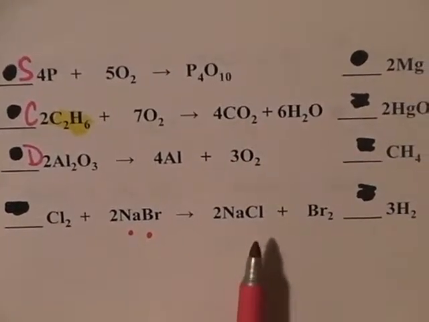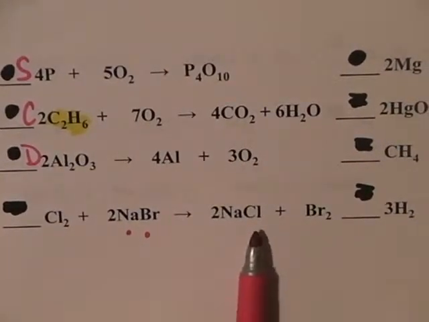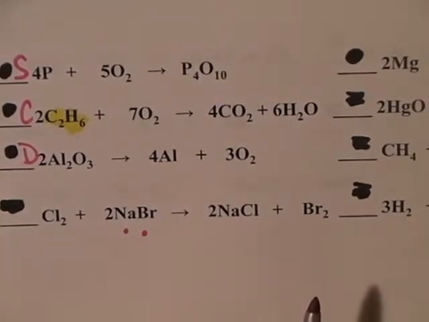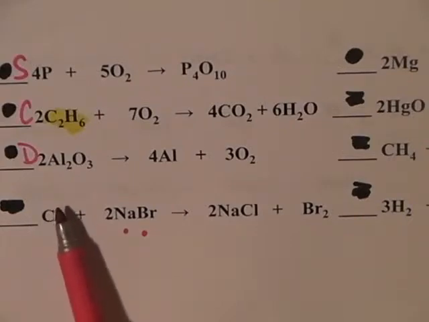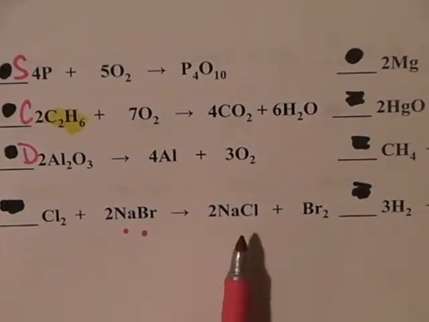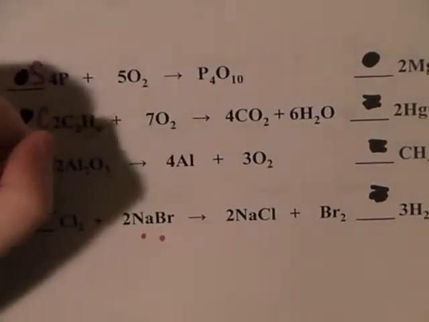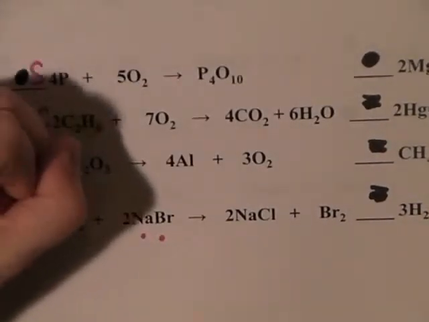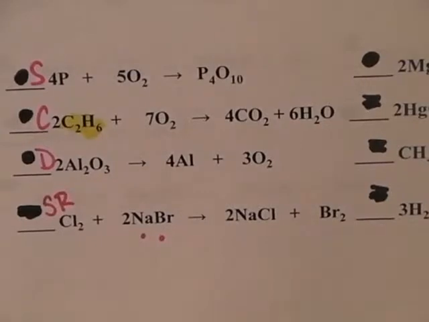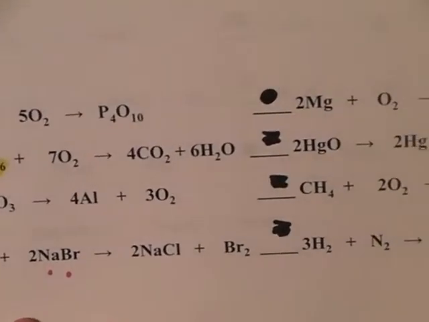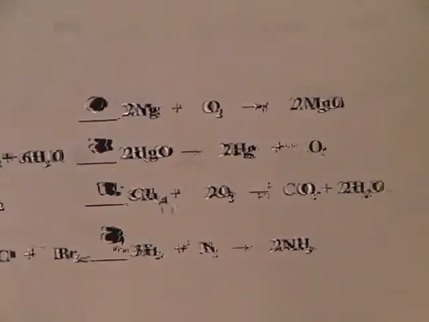And then look what happened on this side, the sodium's with the chlorine and the bromine's by itself. And again, bromine has to be Br2 just because it's part of Brinkerhoff. So chlorine was by itself, these were paired up on this side, bromine's by itself, sodium and chlorine are paired up. So that can only be what kind of reaction? Good, single replacement.